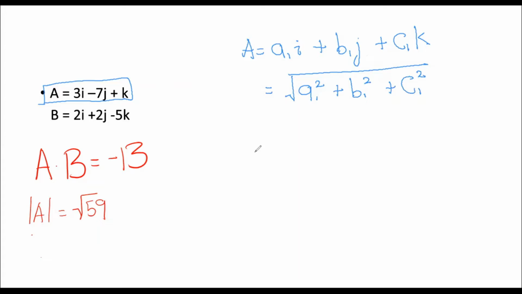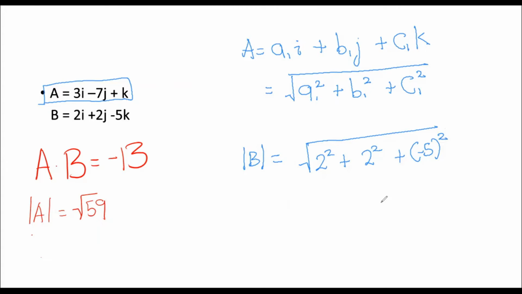So now for the magnitude of B, let's put the square roots. If we start with number 2, we have 2 square plus another 2 square plus minus 5 square. It's always good to put the minus in brackets so that you can avoid confusion, and then you open the bracket later.